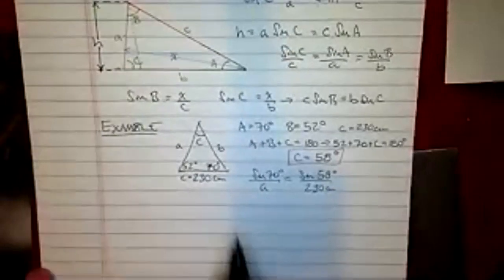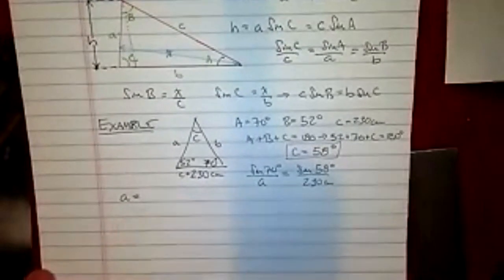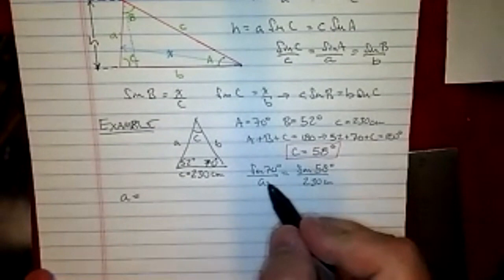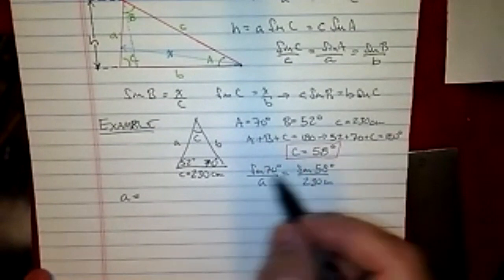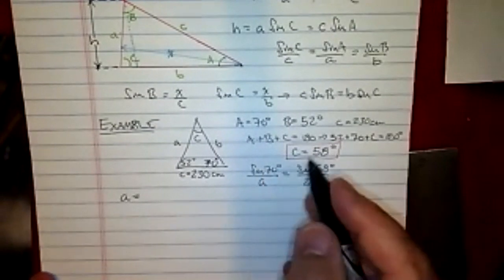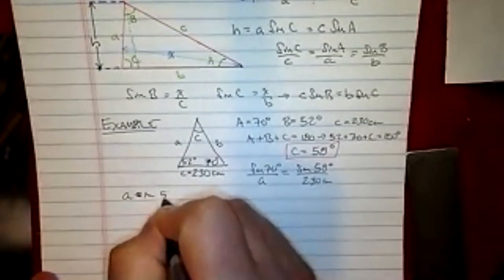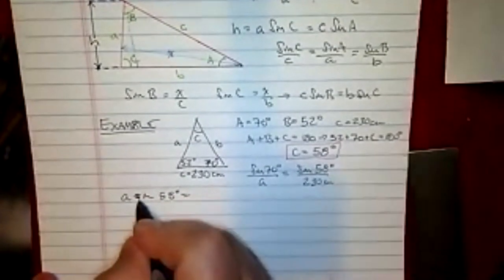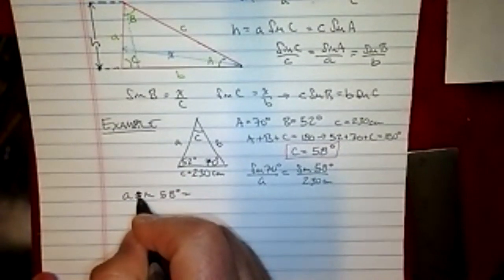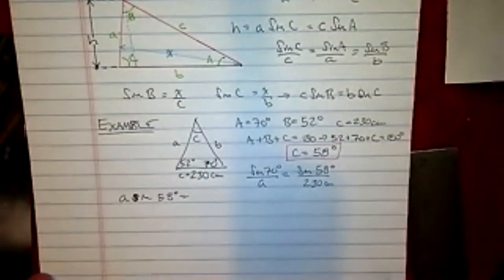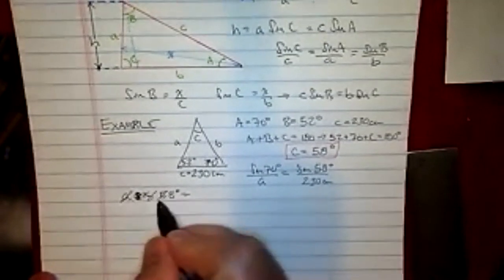So in doing that, all I have to work out is a. Now what you're supposed to do when you have a simple proportion like this is you cross multiply. So you can say a times the sine of 58 degrees. I'm sorry about this looking so rough. I was trying to just do it on the fly, but I decided to take a little bit more time. Let me scratch that out.